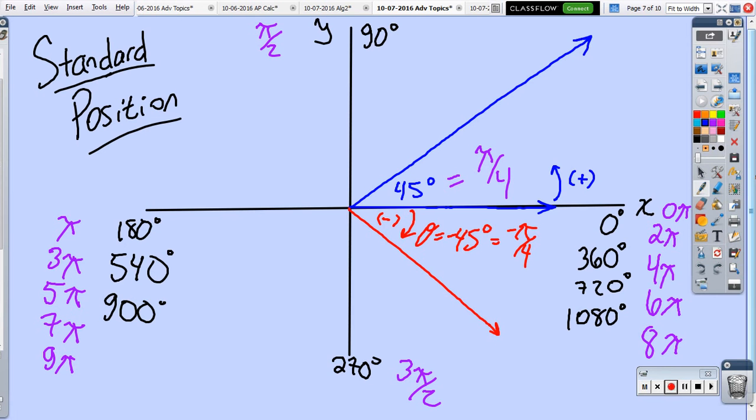Theta is just the measure of the central angle. So theta is negative 45 degrees, or negative pi over 4 radians. The central angle is just the angle.